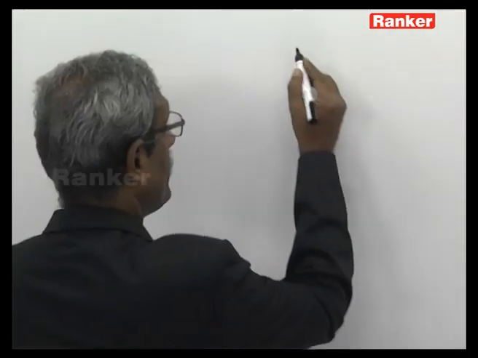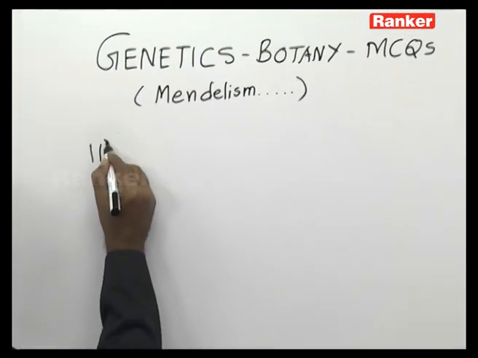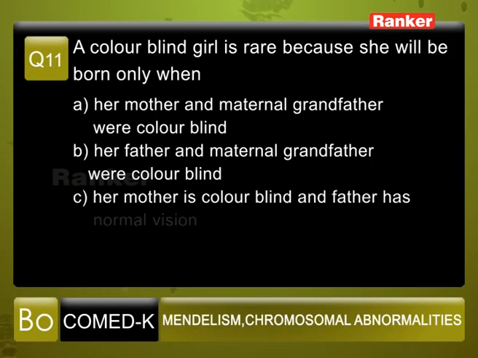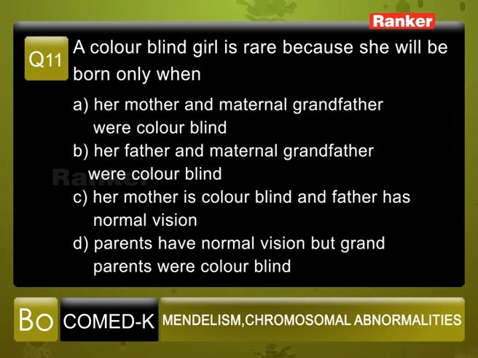So, we go to the 11th question. The 11th question says a colorblind girl is rare.